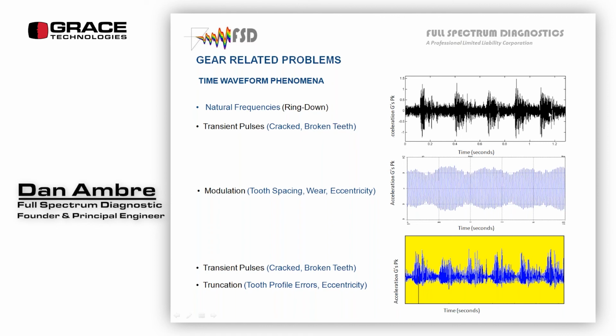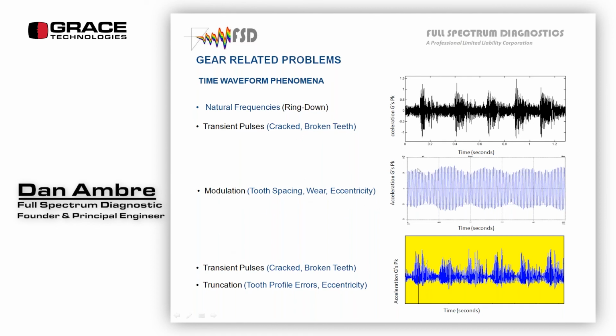And this is the spacing, so it's telling me I have one cracked or broken tooth. Every revolution of the gear, when it goes into mesh, that tooth causes a different problem, either a pulse or an empty spot. Modulation, so there's transient pulses, cracked or broken teeth.